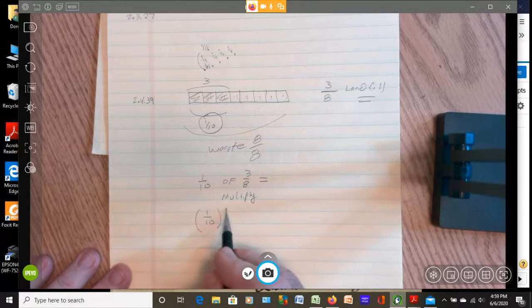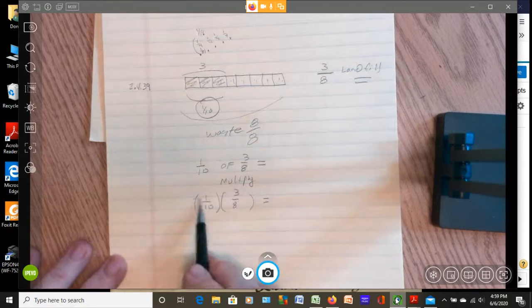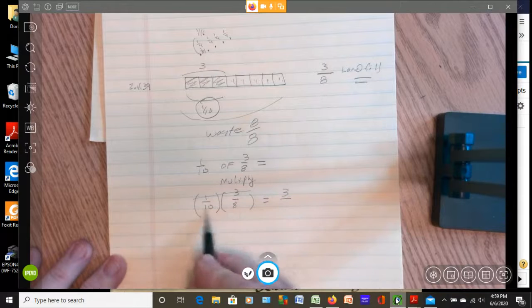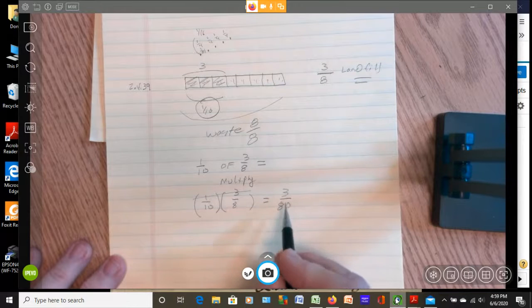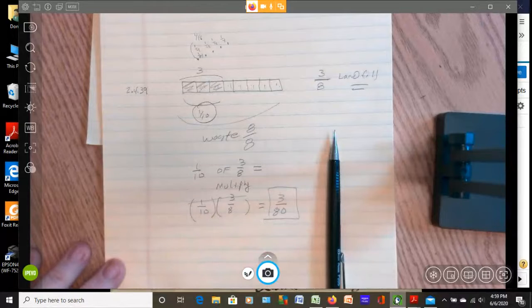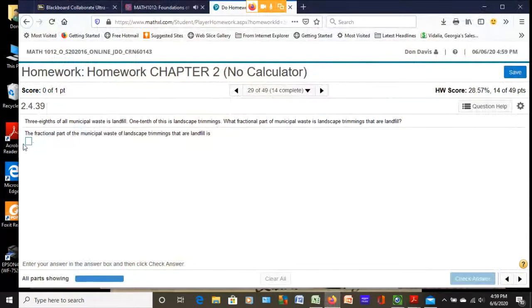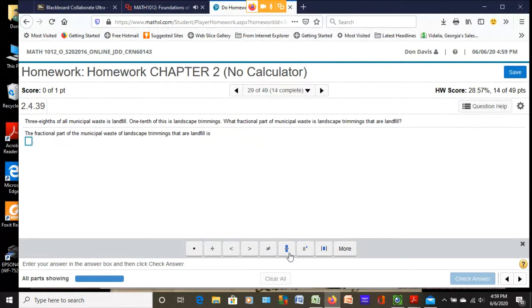I like to use parentheses for my multiplying, times 3/8. And how do you multiply fractions? Straight across. So 3/80 is the equivalent fractional amount of the whole landfill. And I believe that's the answer they want. Okay, so let's try that out and see. You ready? 3/80.